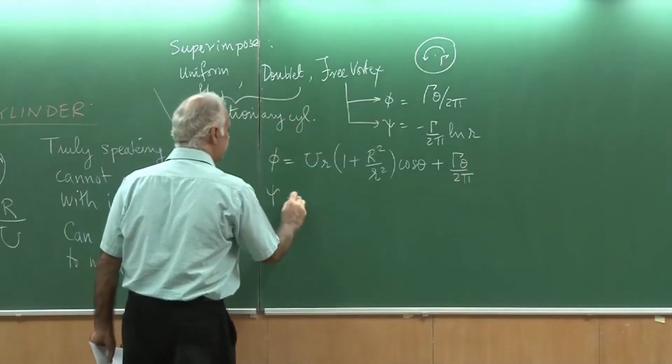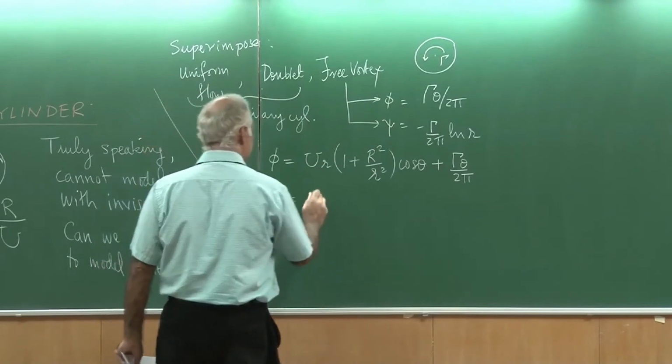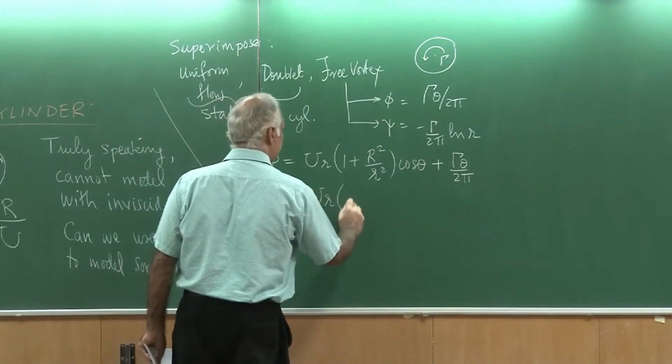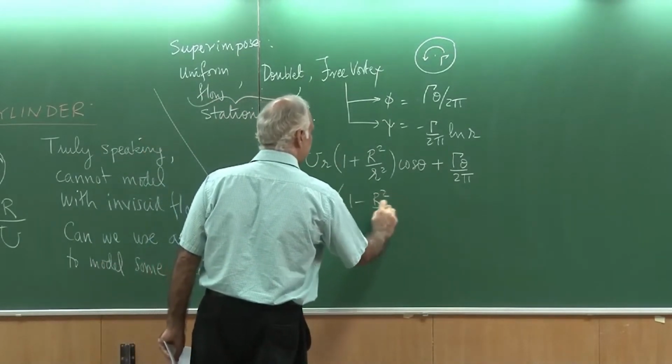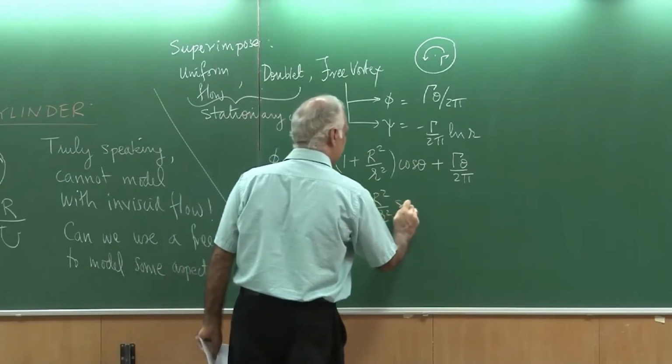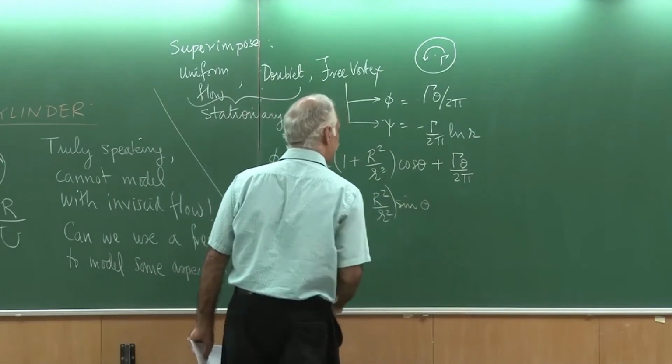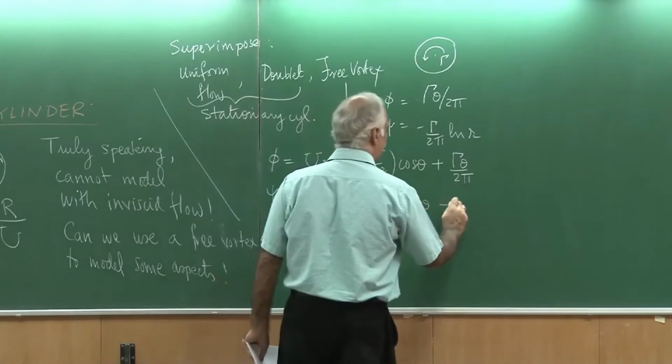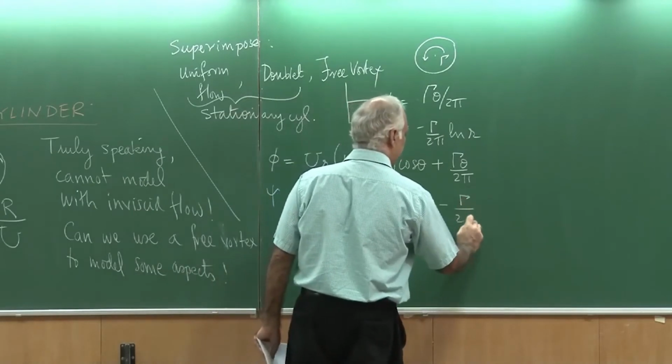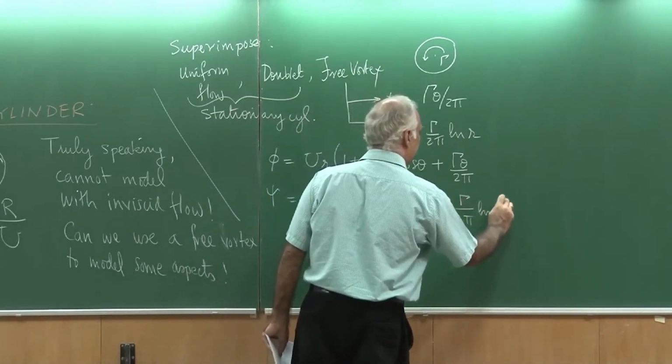Similarly, for the stream function, I am going to take u r, 1 minus R square by small r square, sine theta, and then I add to it minus gamma by 2 pi natural log of r.